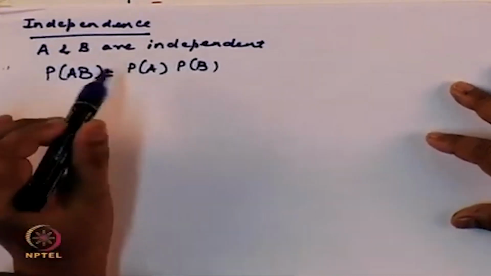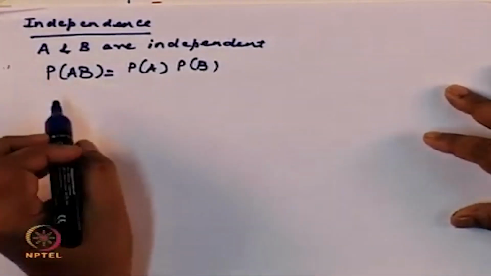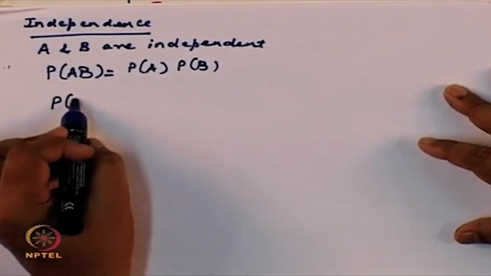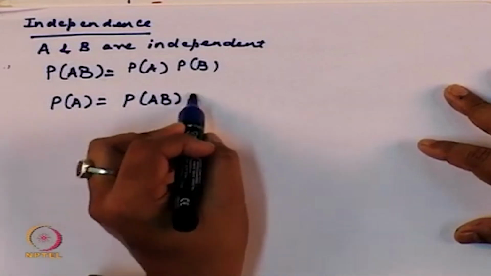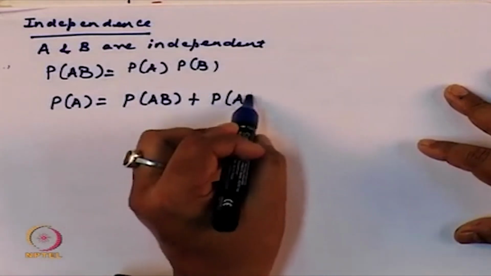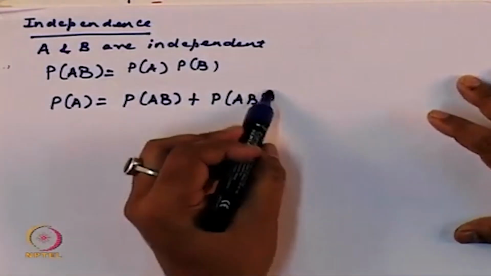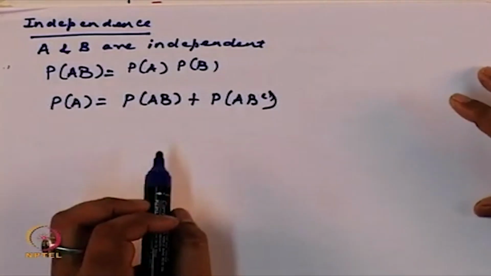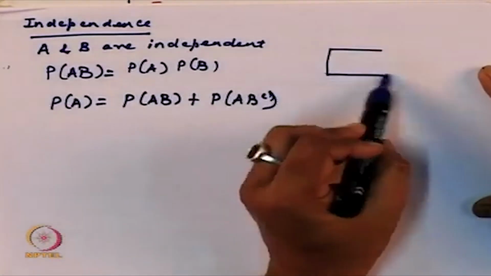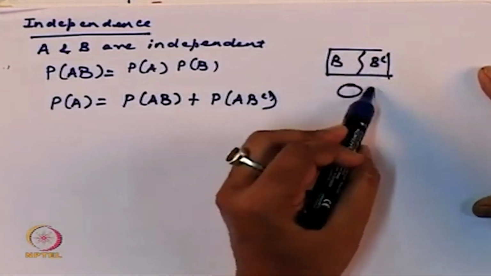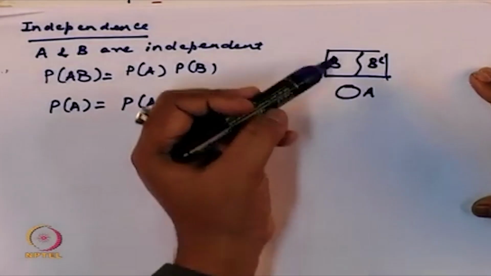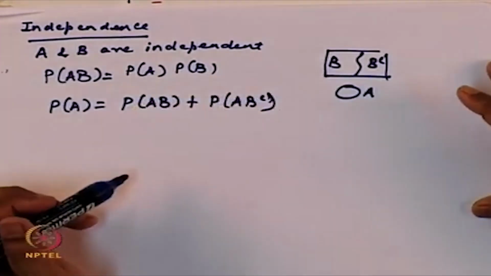Now, what follows if A and B are independent? I can write the probability of A as the probability of AB plus the probability of AB complement. This is your event B, this is your event B complement, and this is your event A. They are independent, so I have drawn them separately.